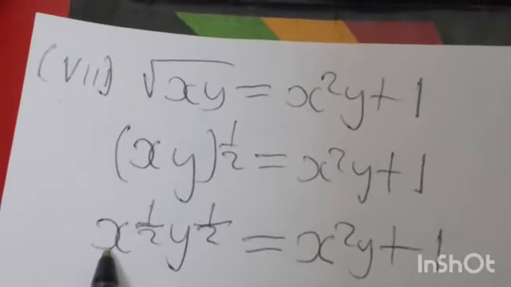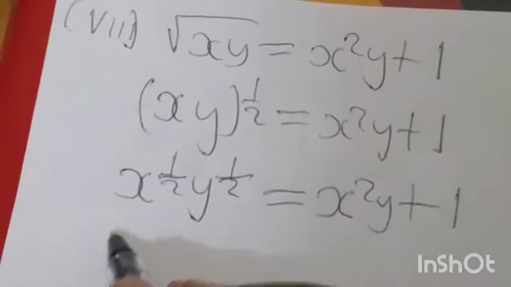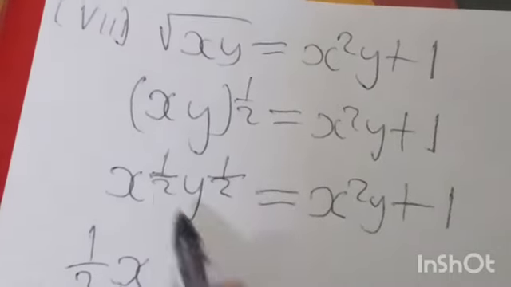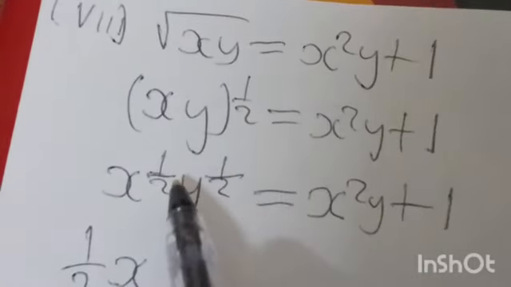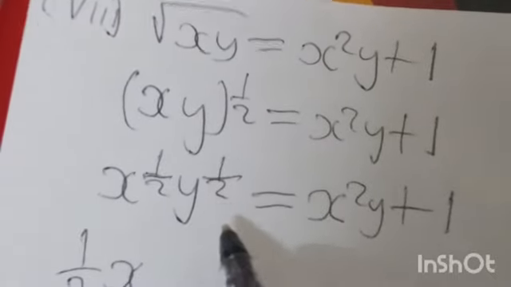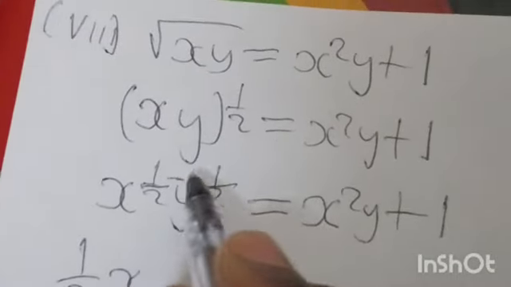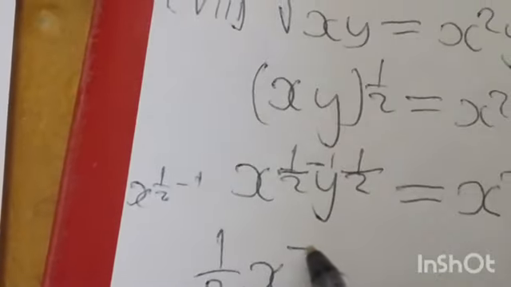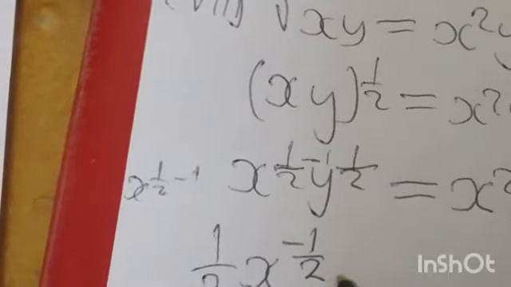So differentiation of x to the power half will be half x to the power 1 over 2 minus 1. So this 2 will come here, it will be negative, so you have negative 1 over 2.